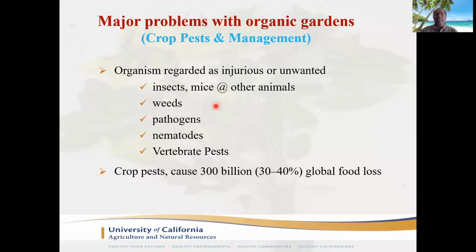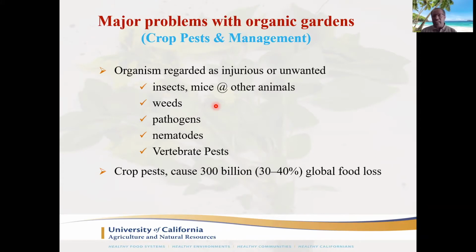Okay, so what are crop pests? They are simply anything that injures your crop or that is unwanted. You don't want them close to your crop or vegetables. Those could include insects, mice and other animals, weeds, pathogens, nematodes, vertebrate pests, and many others.